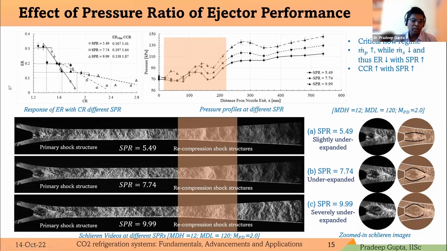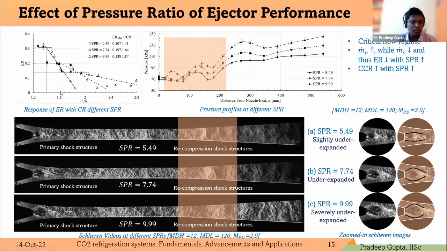So it may or may not operate in the design condition if we go outside the dome we have plotted here for this pressure ratio. We are changing the pressure ratio in this case. If we are in this region, where the compression ratio is from 1.2 to 1.45 for this particular case, the ejector operates in the critical mode operation.